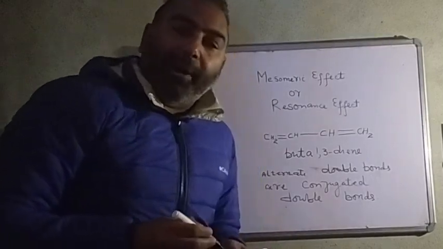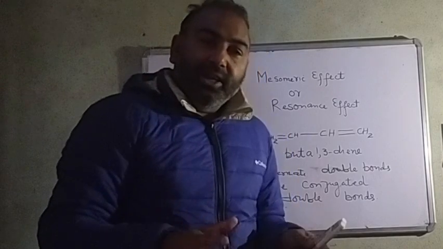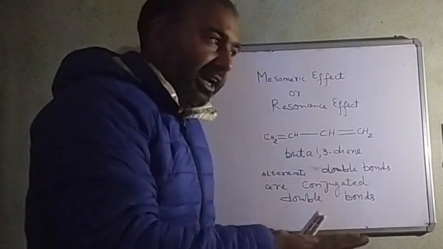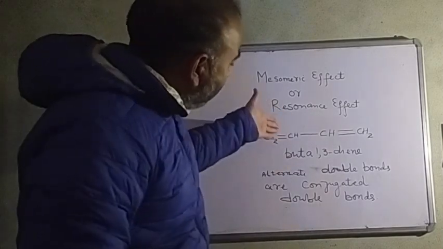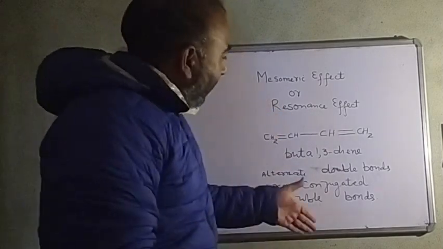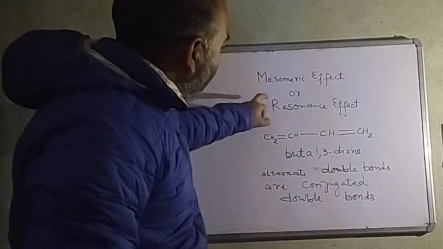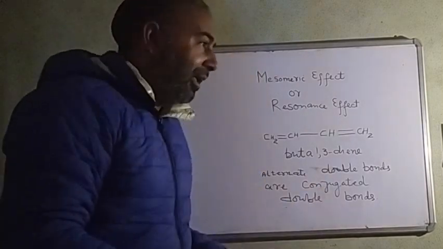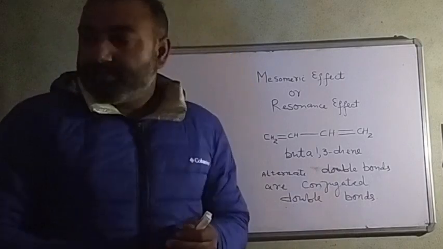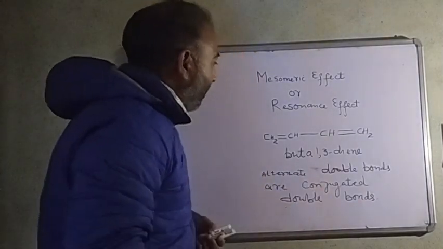And this type of alkene is called a conjugated alkene, in which we have alternate single and double bonds. Why have I picked up this example? Because it is in such systems that you will observe mesomeric effect or resonance effect. How is it possible? I will explain it to you.